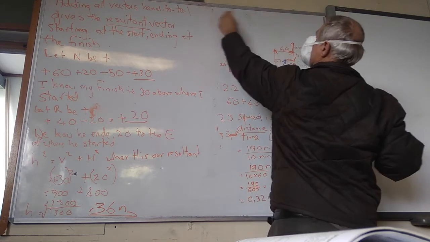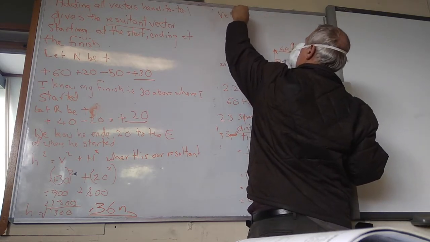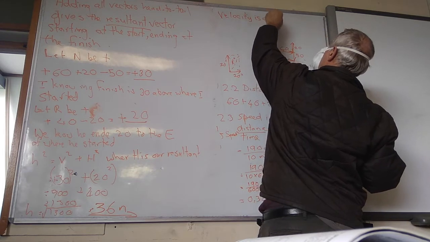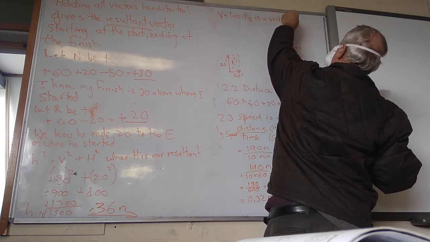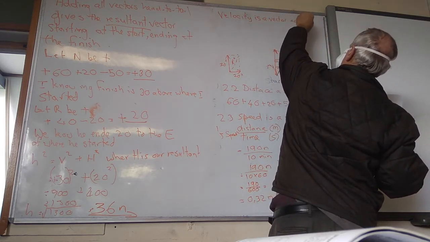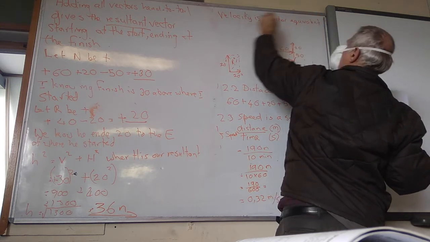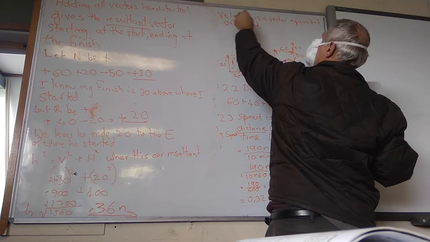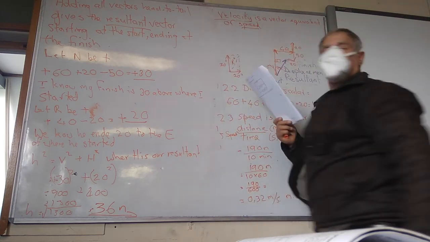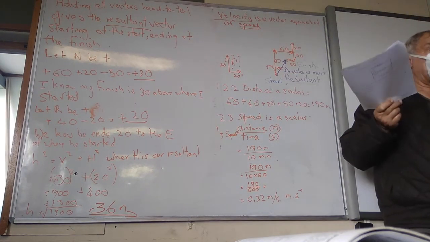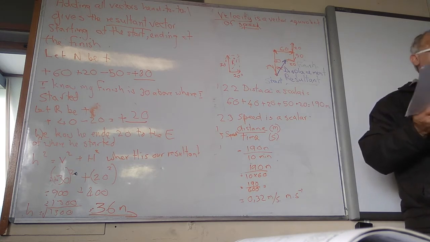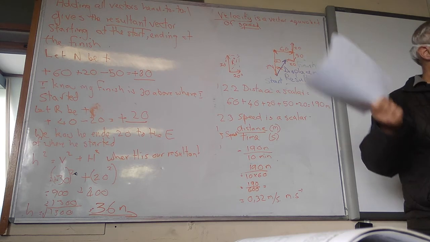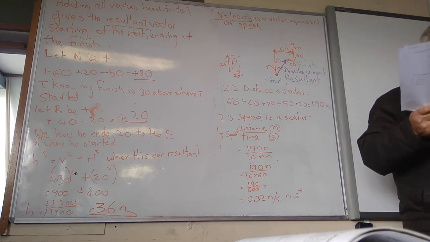Velocity is the vector equivalent of speed. Whereas speed is a scalar, velocity is a vector.